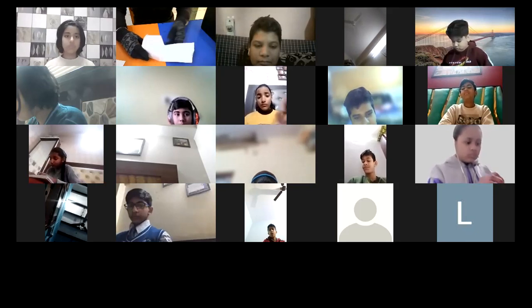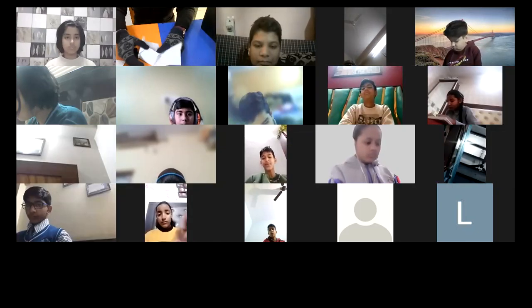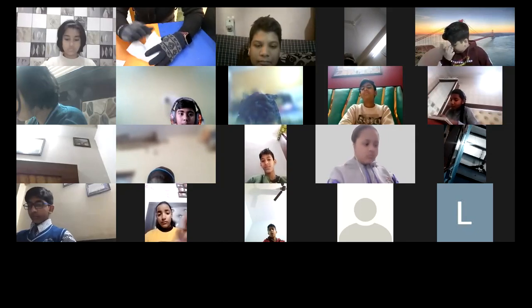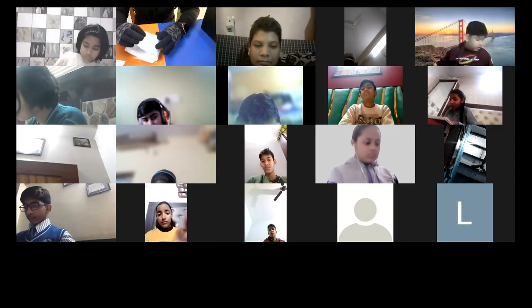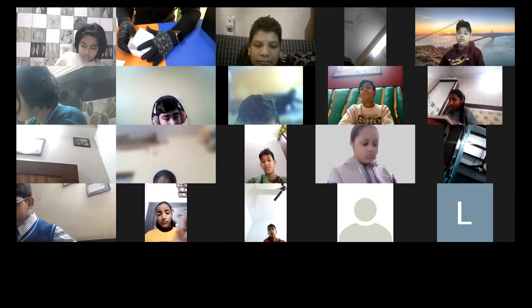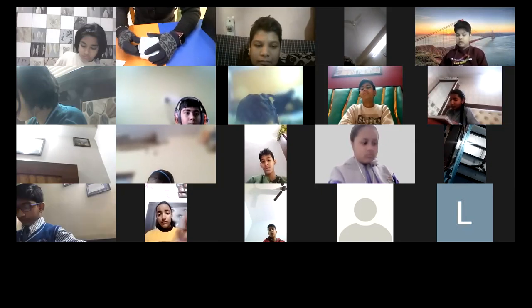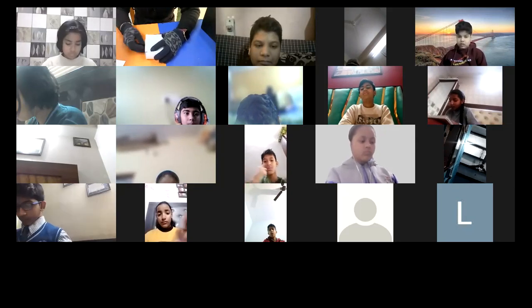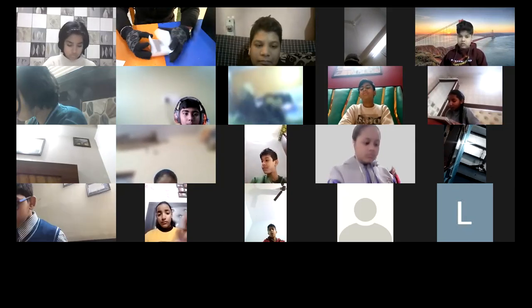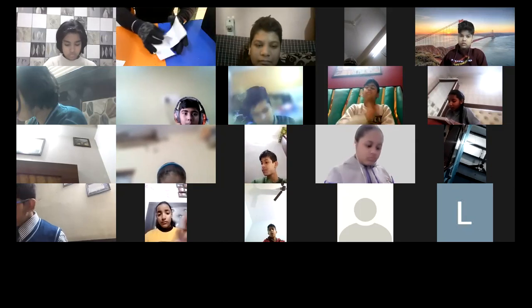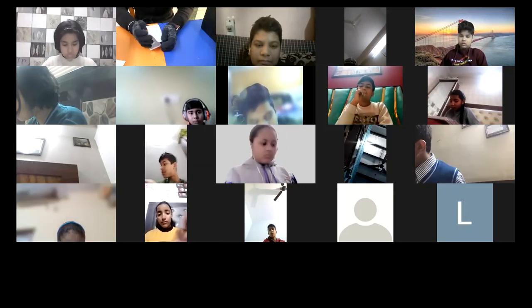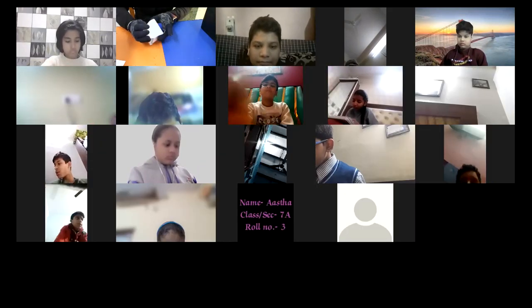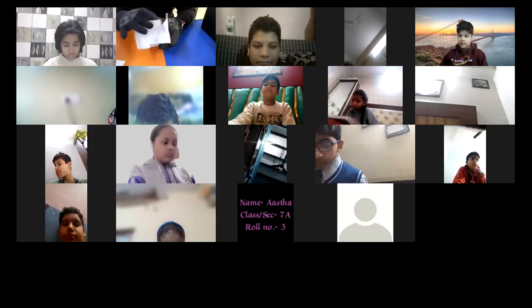Then I'm folding this like this, and this will be at the top. This way you are going to make a cube. Have you done it?